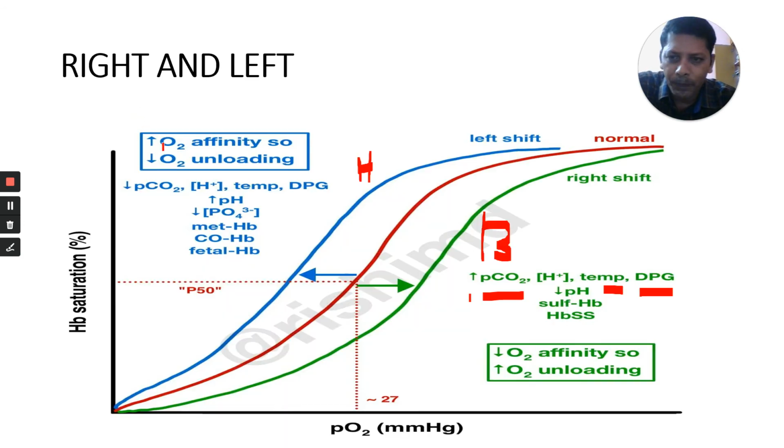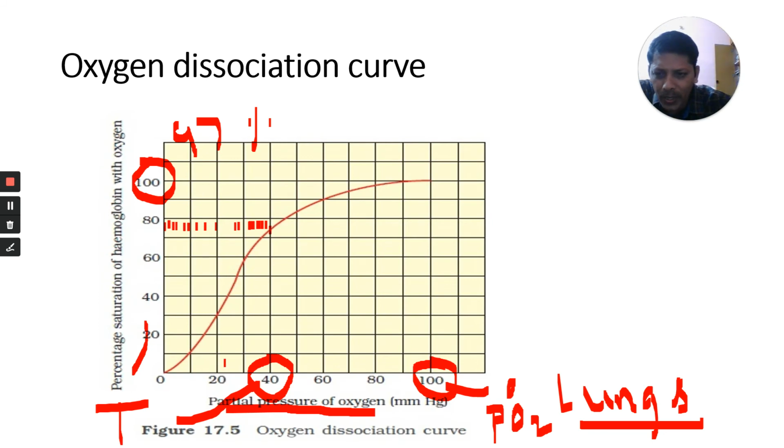For example, when you do vigorous exercise, your muscle tissues use more oxygen. That's why the partial pressure of oxygen in our tissues is now 20 mmHg. When the partial pressure of oxygen is 20 in our tissues, now I am extending this.